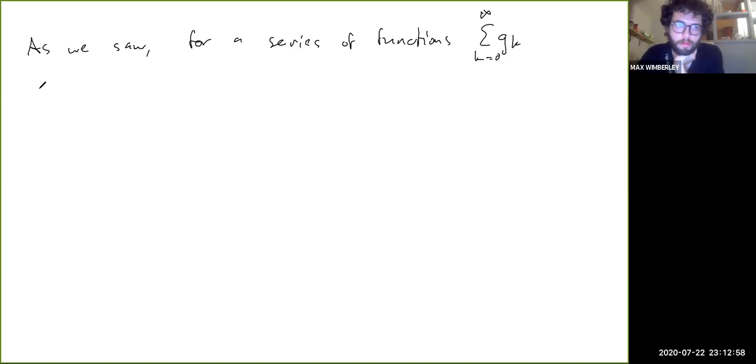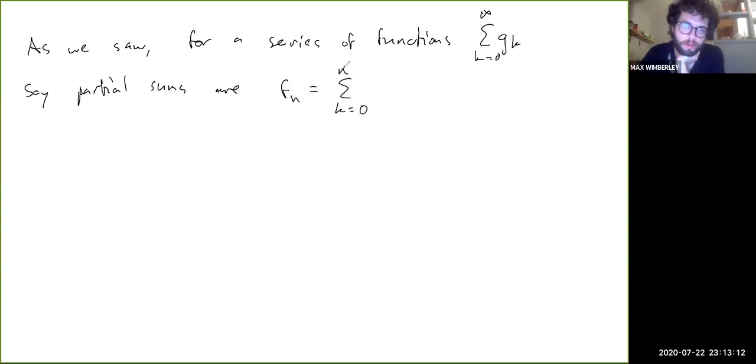Then say the partial sums are f_n, which is the sum from k equals 0 to n of g_k.